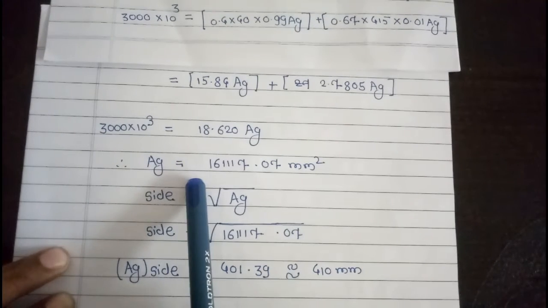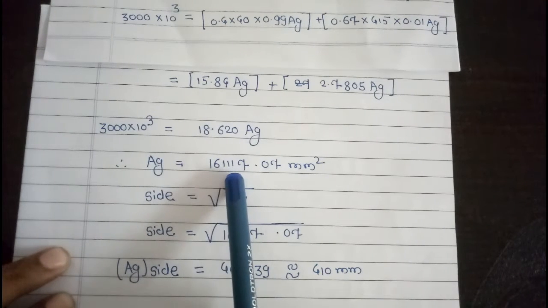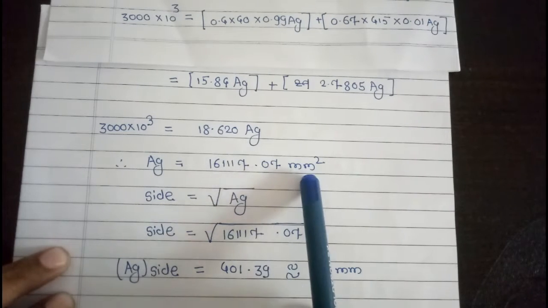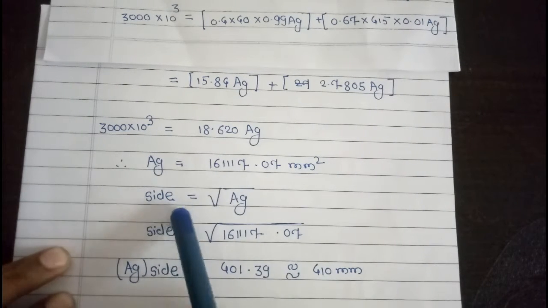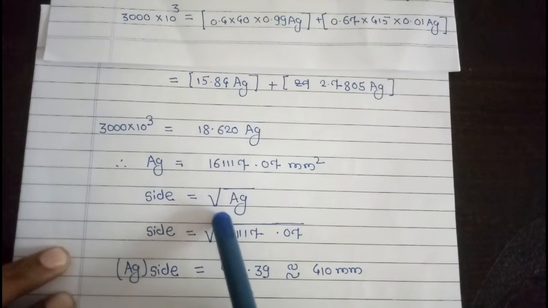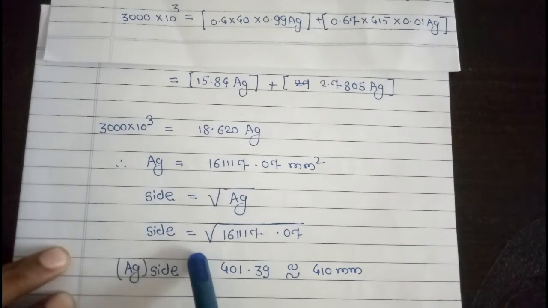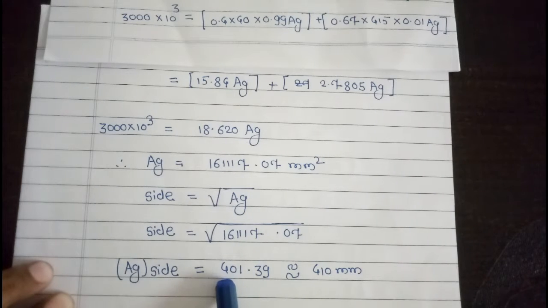Therefore Ag is equal to 161117.07 mm². So side is equal to square root of Ag, then we get side is equal to 401.39, approximately 410 mm.